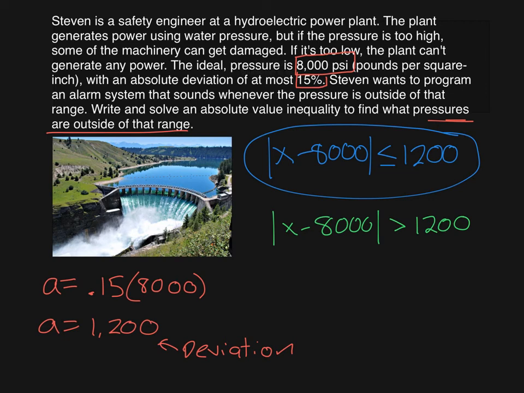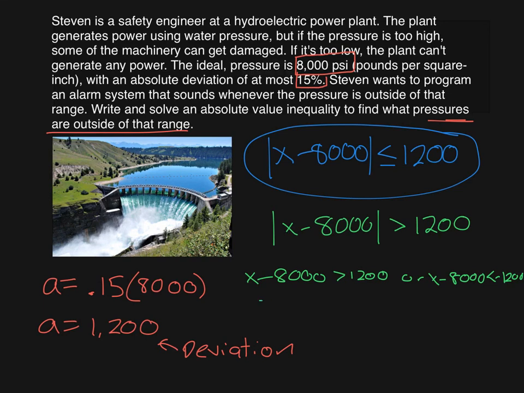So when we rewrite this inequality, we have x minus 8,000 is greater than 1,200, or x minus 8,000 is less than negative 1,200.